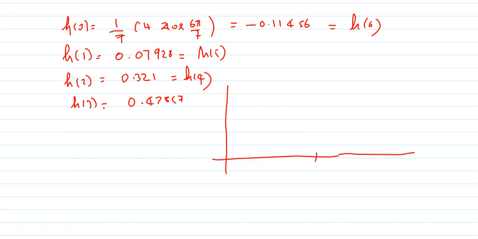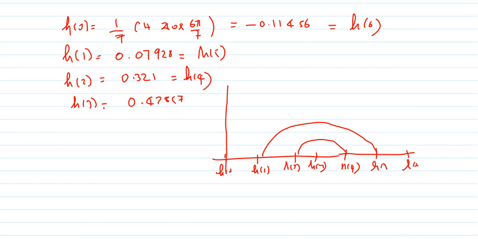Which means that your h of 3 will be here, then h of 2, h of 1, h of 0. Here it will be h of 4, these two will be symmetric, h of 5, these two will be symmetric, h of 6, these two will be symmetric.